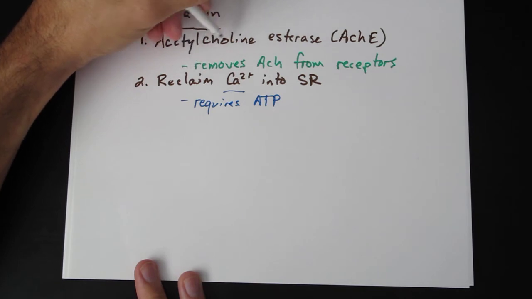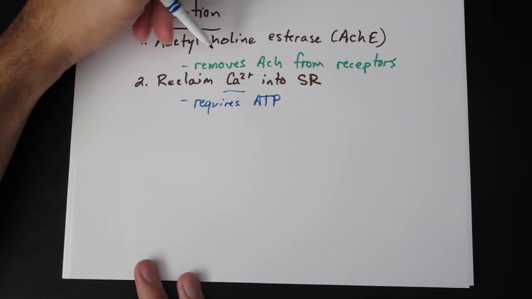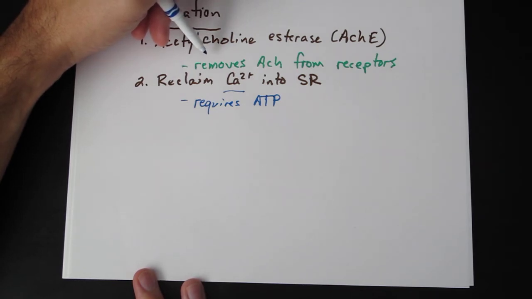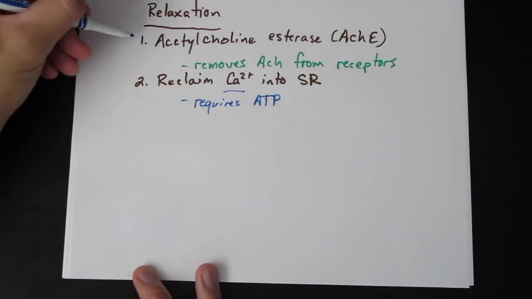Similarly, what we're going to have to do at the level of the acetylcholine receptor channels is move sodium and potassium back into their correct spots as well, and that's also an active process. Actively pumping sodium out of the cell and pumping potassium back into the cell is also an active process. All right?